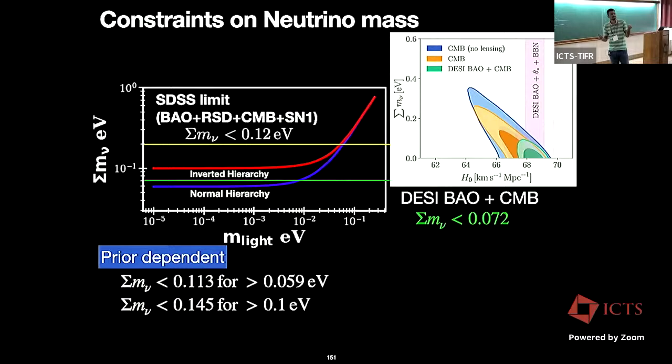Anytime you're measuring something with a low signal to noise, you'll have to worry about this kind of thing. So with this kind of prior, inverted hierarchy is very close to being ruled out, but not yet. And on top of that, if you say maybe inverted hierarchy is true and apply that limit, then your upper limit on the sum of neutrino mass goes to 0.14.